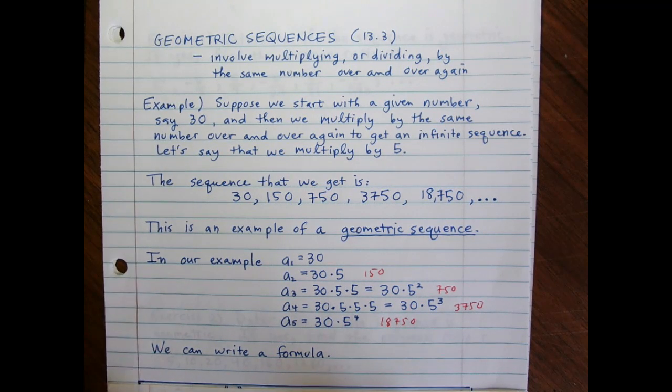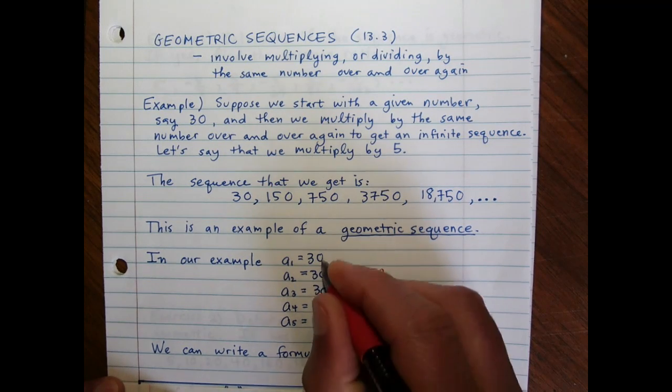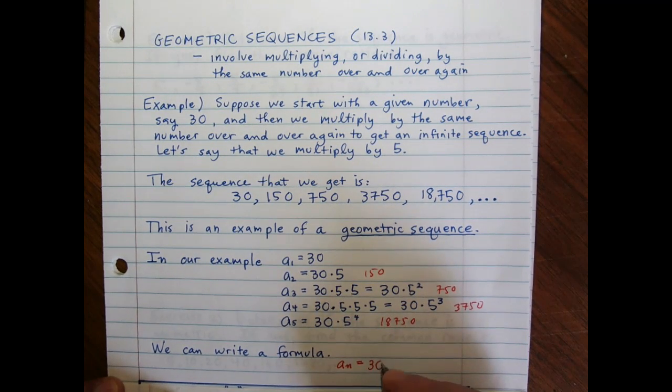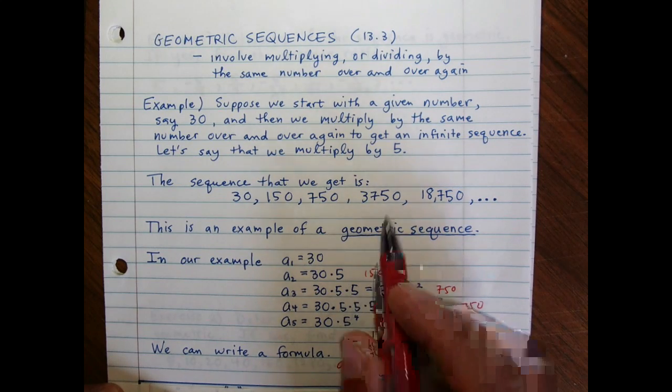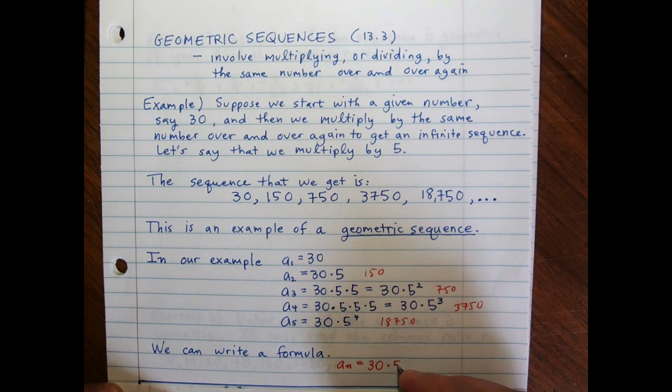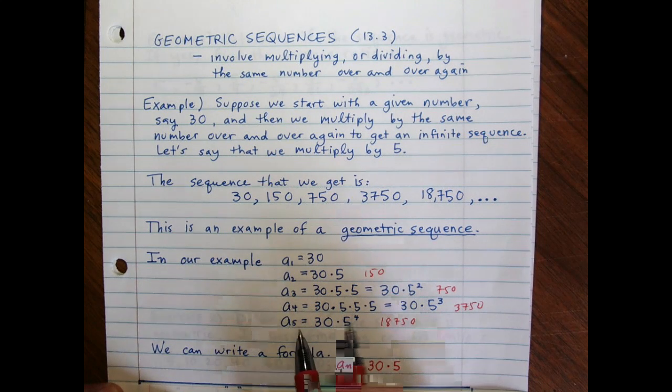And so we can write this as a formula now. The geometric sequence will have its own kind of formula, and it's very different from the look of the arithmetic sequence. So we can say our a sub n is equal to, it's always going to be that first term, 30, times a power of the number that we keep multiplying by. And that power is always going to be 1 less than the subscript on the term.